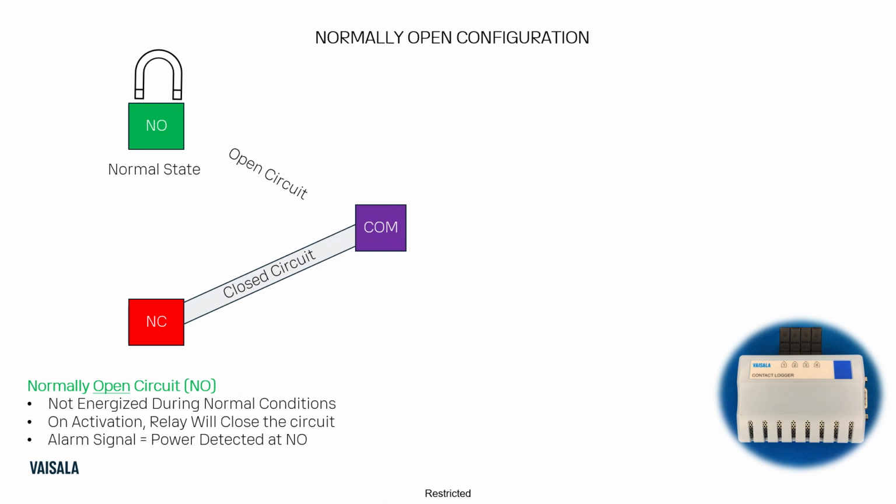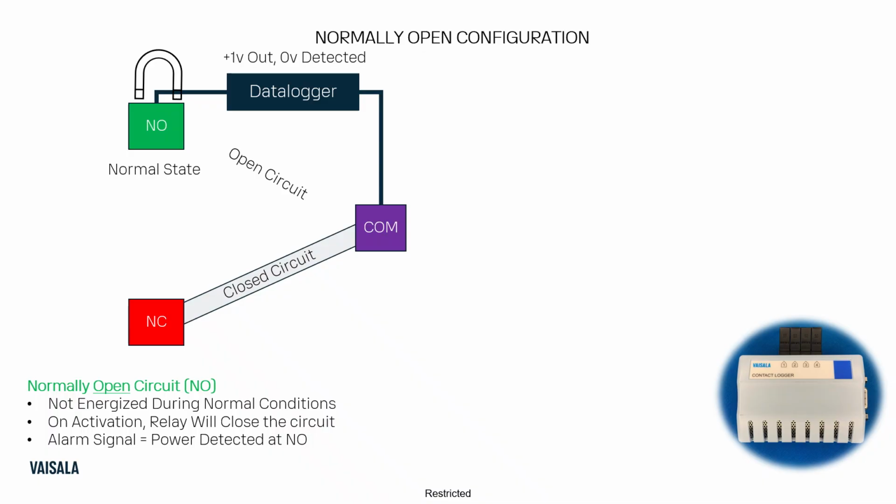Now, when you connect a data logger to it, the data logger is going to connect between the normally open and the common. When you pulse 1 volt out, you get nothing back. And that's because it's an open circuit between the NO and the common. So that's under normal conditions.